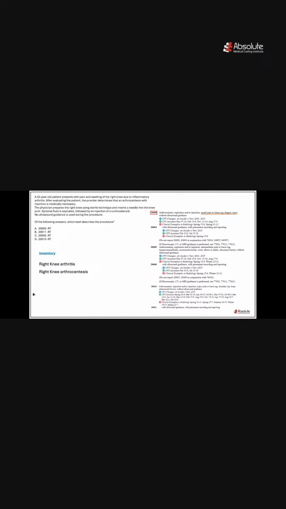We have a right knee arthrocentesis, and 20600 is coding for arthrocentesis, aspiration or injection of the small joint. You have all your examples over here. It includes your fingers, toes. We had an arthrocentesis performed on the right knee, and it doesn't fall under this category. So straight away that is a wrong answer. It's not a small joint.